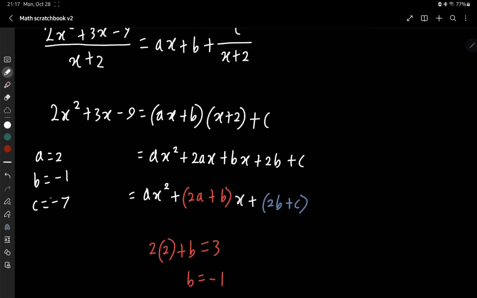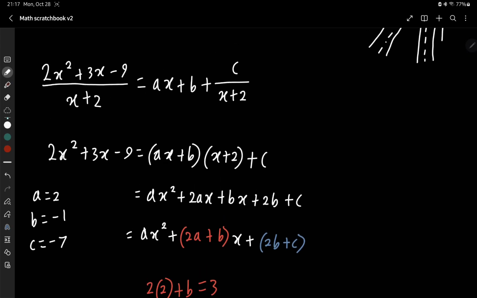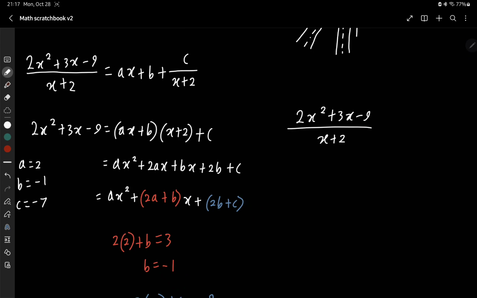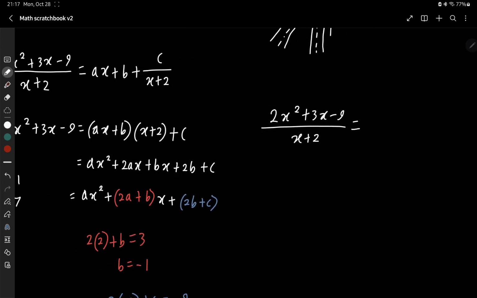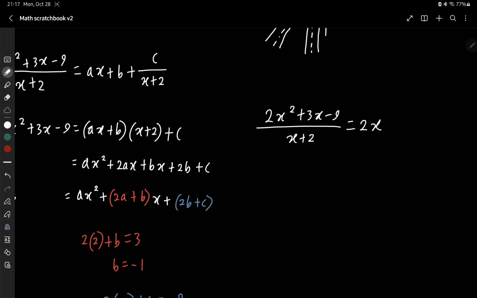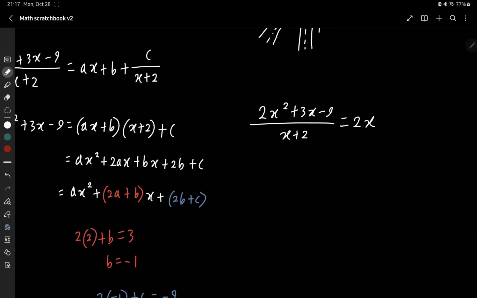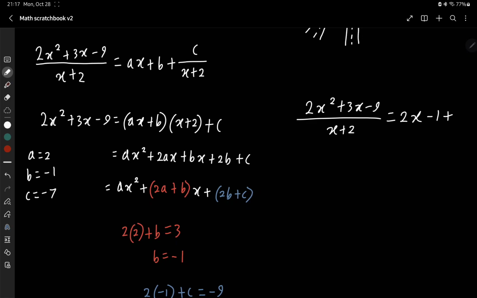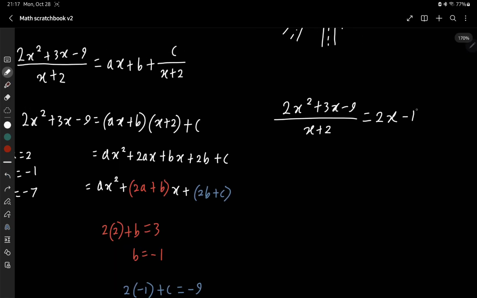And so if we just put all these values into this bit over here, we get (2x squared plus 3x minus 9) over (x plus 2) equals A is 2, so 2x plus B, well, B is minus 1, so minus 1 plus, again, minus 7 over x plus 2.